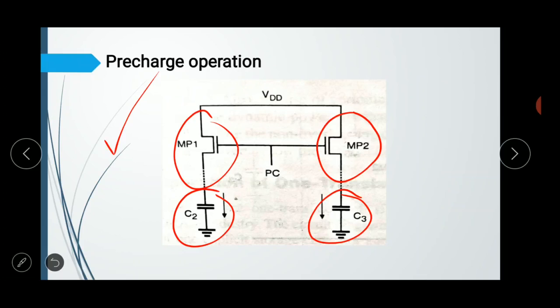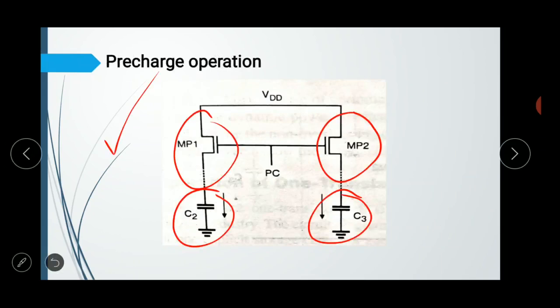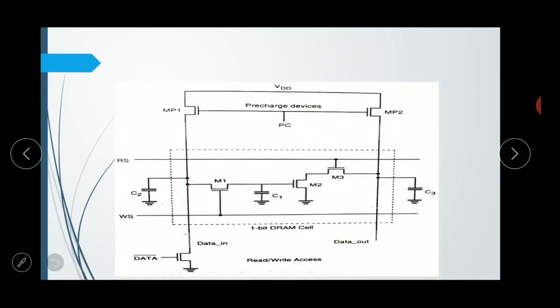Next we discuss about the write 1 operation. So let's go to the main diagram. Here you can see 2 lines are present. One is RS, other one is WS. WS means write select and RS means read select.